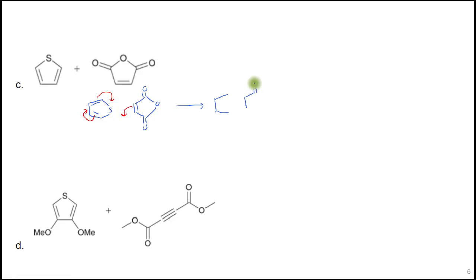Draw my mechanism arrows and then look at the bonds that are being formed. So I have a new bond here, here, double bond here, then my bridgehead carbon. All right. And then in this one we have a triple bond. I'm going to redraw it again so it's in the right direction.